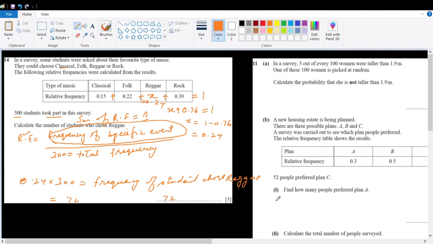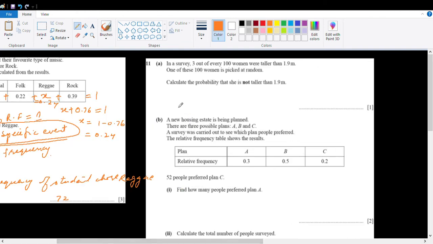72 is the answer. The next question is: in a survey, 3 out of every 100 women were taller than 1.9 meters, and one of these 100 women is picked at random. Calculate the probability that she is not taller than 1.9.